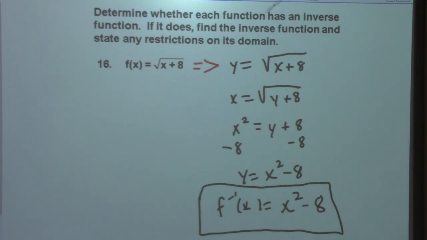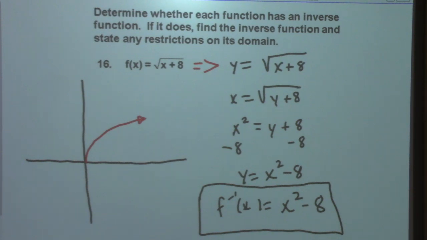Now it says state any restrictions on its domain. Do we have any restrictions on the domain? What we actually do, and I'm going to explain why here, is if we graph this first one here, it can't be negative 8, right? This plus 8 takes this thing right here and shifts it which way? Left 8 units. So it's going to come over 8, right?